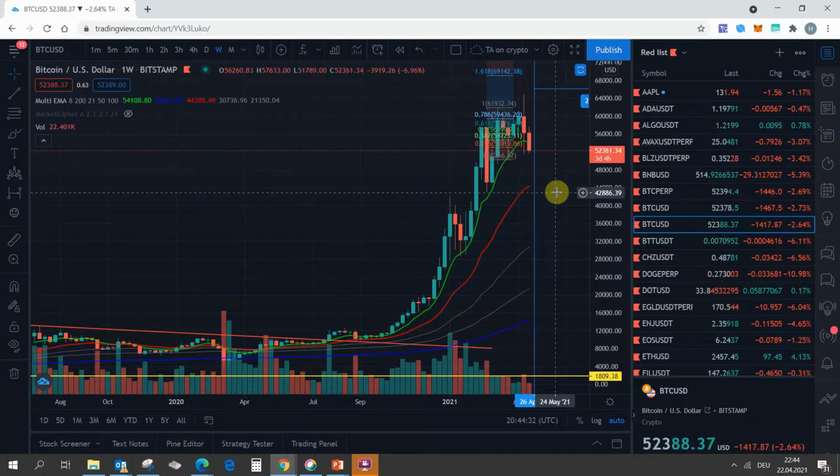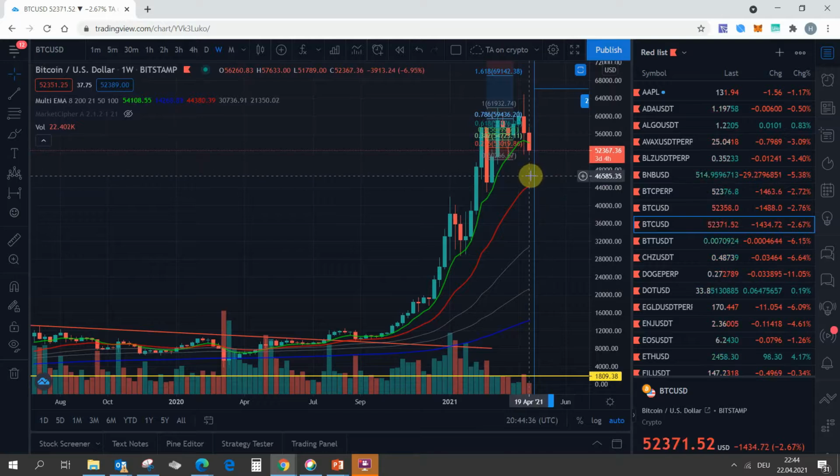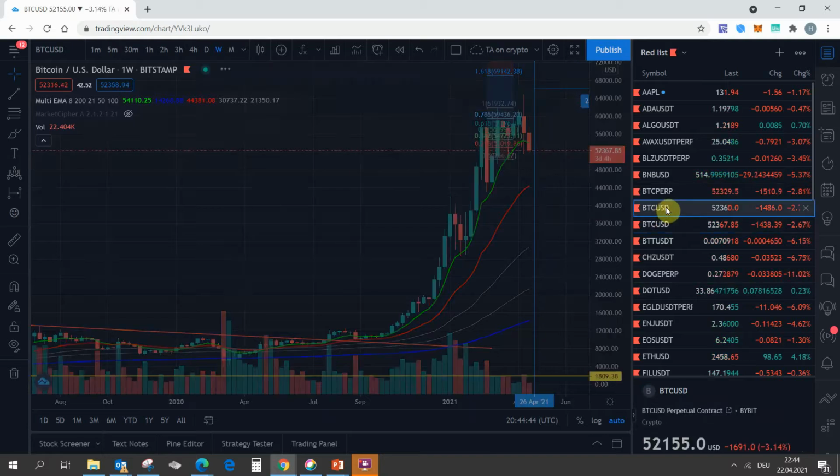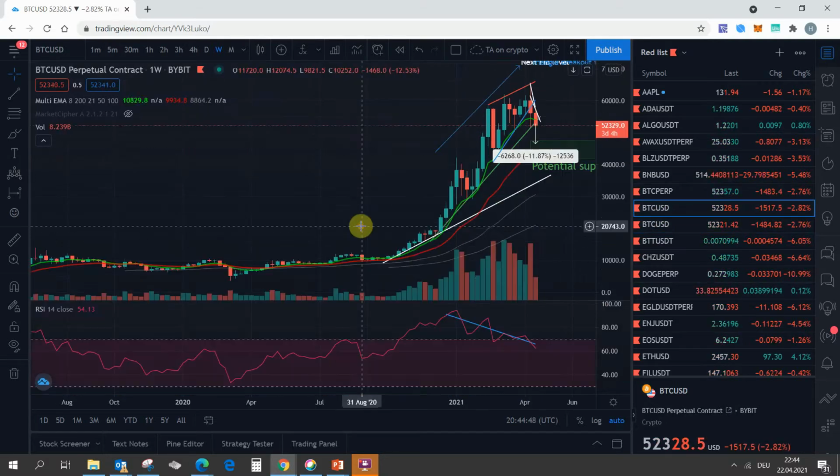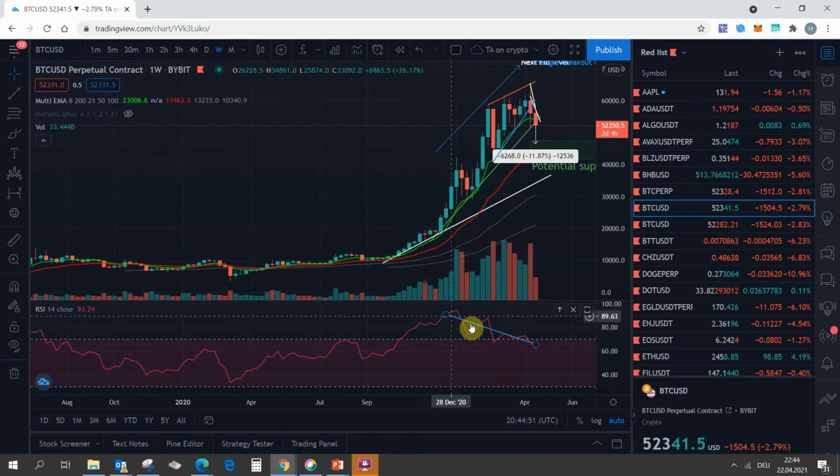And this is one of the main reasons I am saying that it is likely and it makes sense for it to come down. So the monthly red candle and the weekly, this is the kind of indication. And one another thing that you can notice here is, if you see this line, I am drawing the trend. This is called the RSI, guys. RSI is called relative strength index.